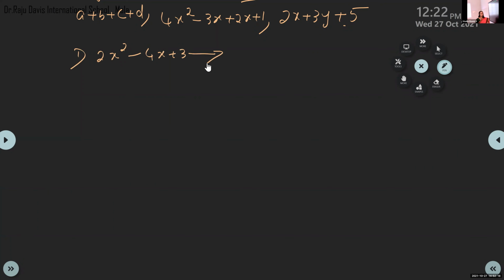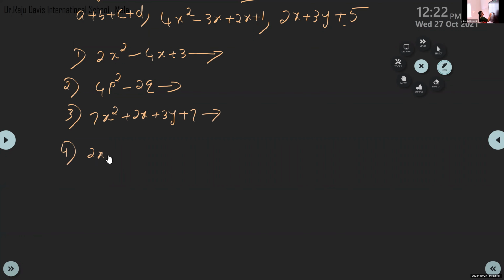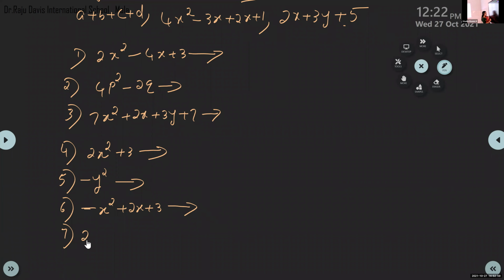Put an arrow and write whether it is a binomial, monomial, polynomial, or trinomial.